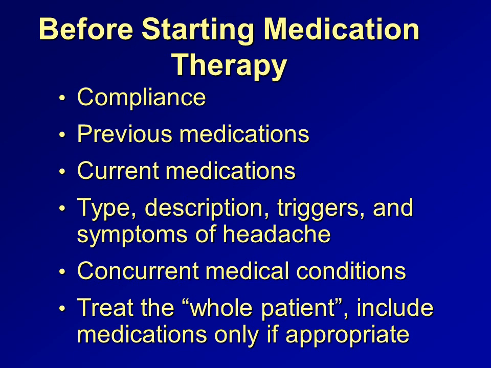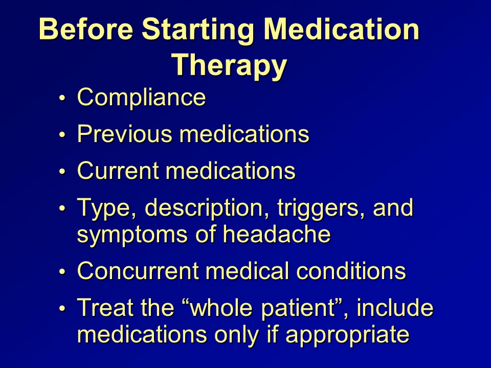Again, there are many factors to consider before starting medication therapy in a patient. First of all, compliance should be at the top of the list to consider. A medication may not work in every patient, but it definitely will not be effective if the patient will not take it. Noncompliance may occur in a number of situations.